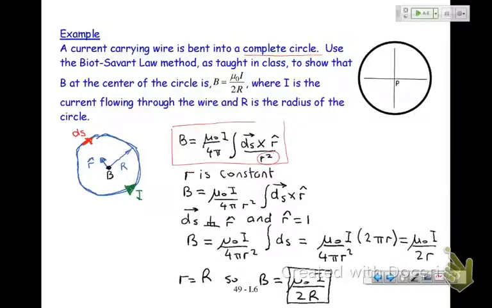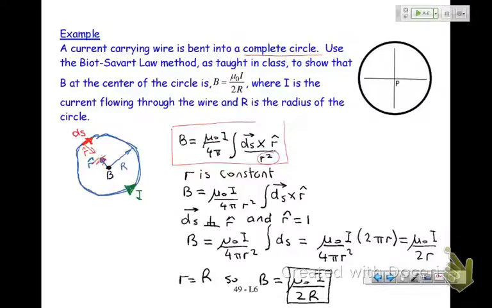And the ds is perpendicular to my R hat. My diagram is not good. My R hat is actually there. Ignore that bit. My R hat actually points from the wire to the point of interest.